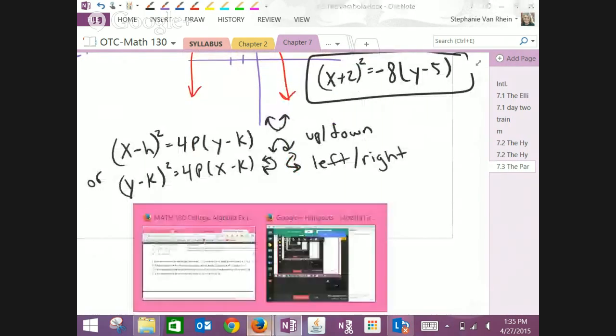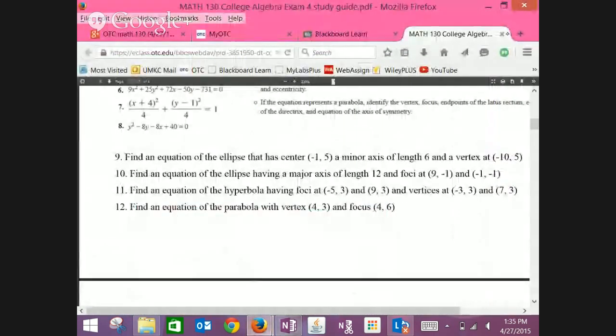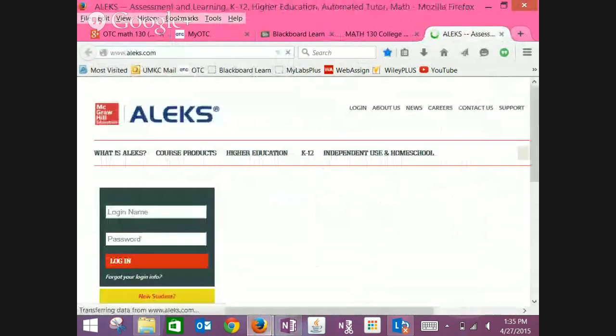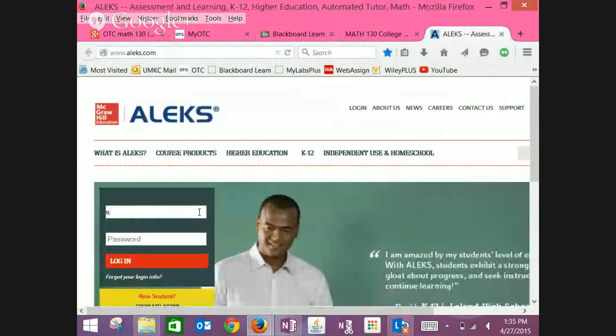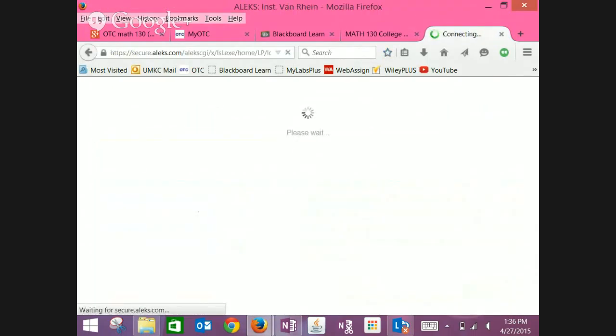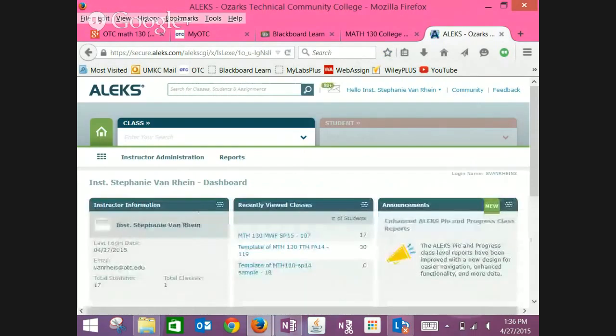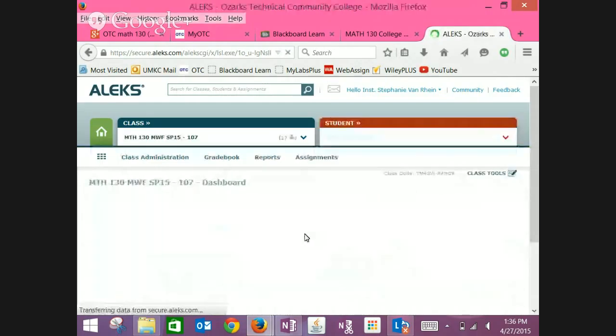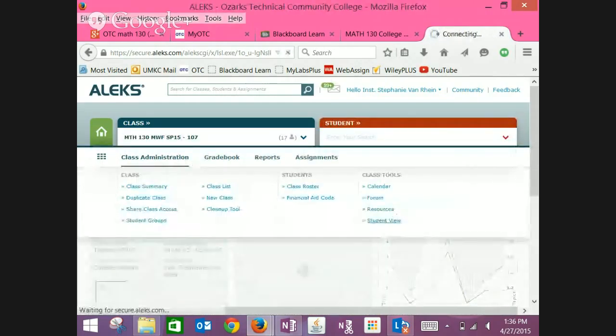So let's pull up Alex since we have some time. And let's see what Alex wants from the homework. I always forget my student view.